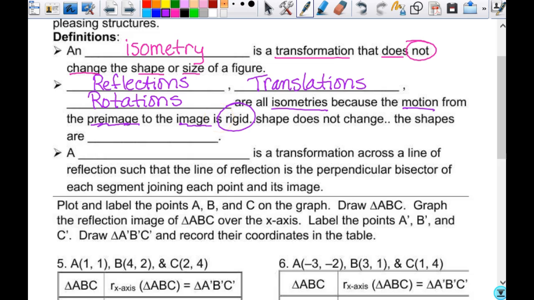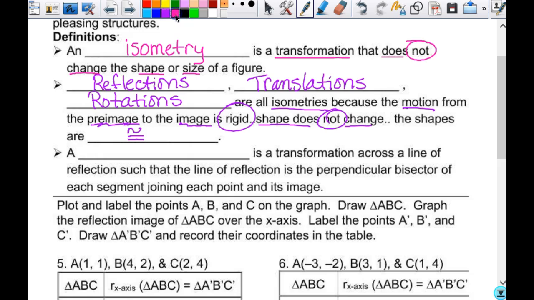So an isometry can also be called a rigid transformation. And again, the shape does not change. And then the shapes are what? If they do not change at all, they are similar, but more specifically congruent. Good. They are congruent. So you can refer to them as isometries, as rigid transformations, or as congruence transformations. Those all three refer to the same thing.